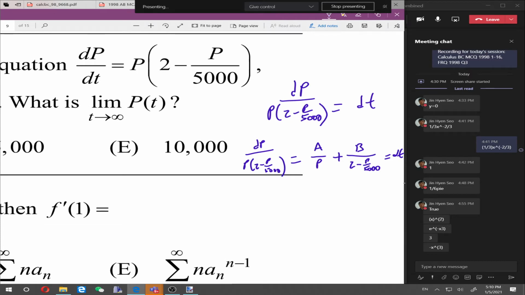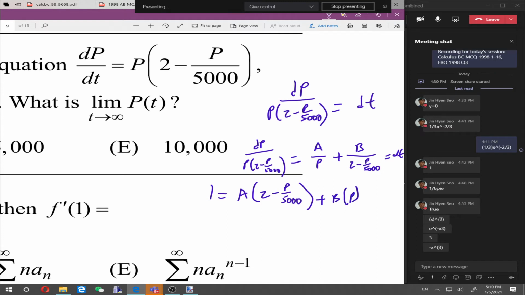So if I cross multiply right now, then a times 2 minus p over 5,000 plus b times p should be equal to dp, or 1. So 1 must be equal to a times 2 minus p over 5,000 plus b times p.